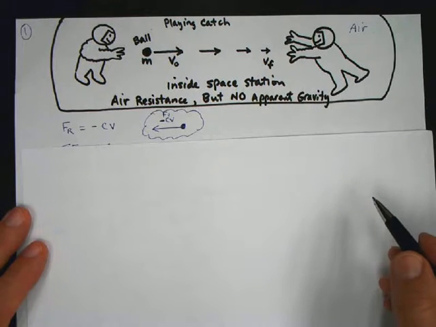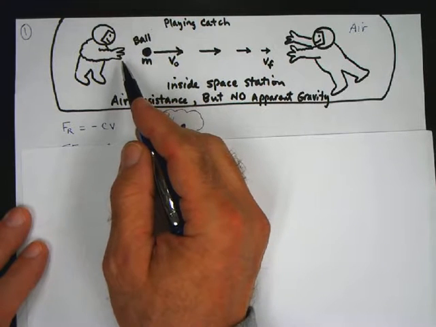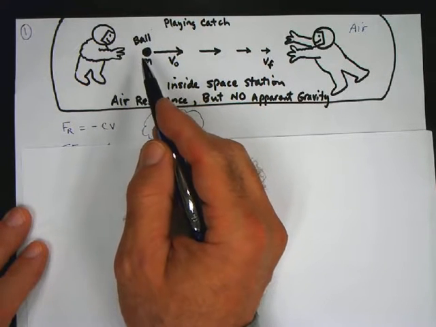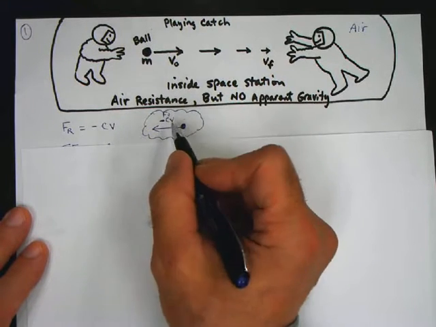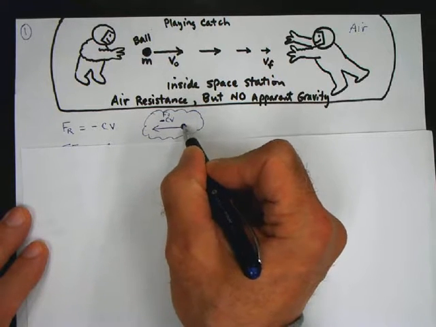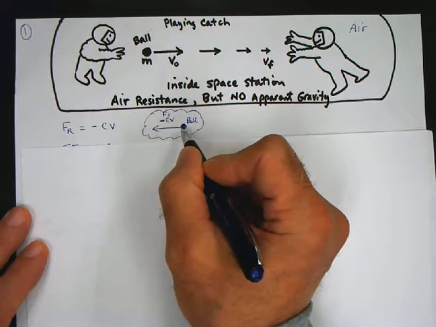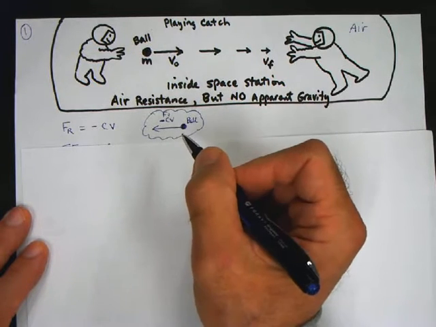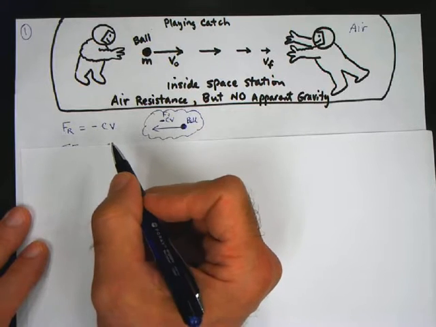So the only force acting on a ball that this astronaut is throwing is air resistance. If we think about a force diagram where this is the point object, the ball, the only force acting is air resistance. Now let's say that it's going very slowly.